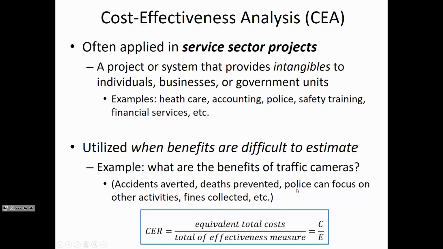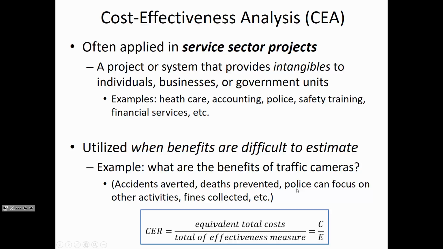And in the denominator, we'll have some sort of a measure of productivity. So in the case of a police officer, it could be the number of speeding tickets written during a month. If you think about accounting, it could be the number of tax returns processed in a week.